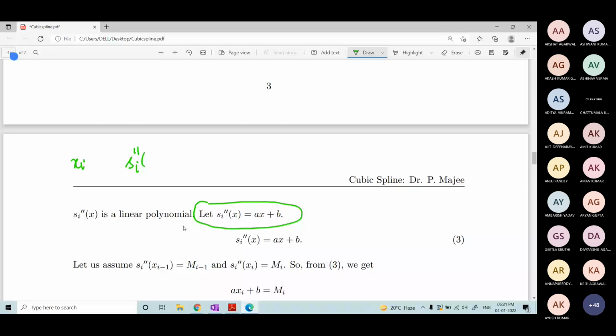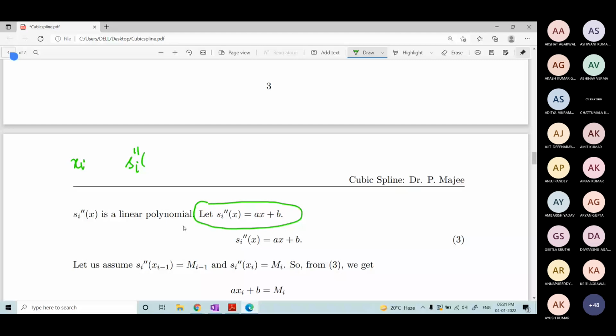Now here, everything is known to you. x_i is known to you, y_i is known to you. Only unknowns are these M_i, because you assumed them. So you will have to find out these M_i. If you are able to find them, then this formula can be used to find each piecewise cubic polynomial. So how to find out these M_i?